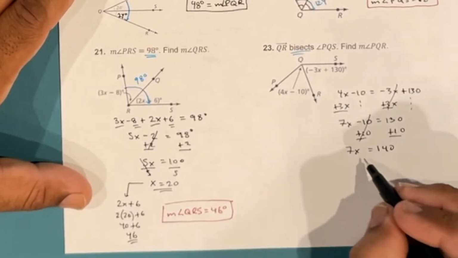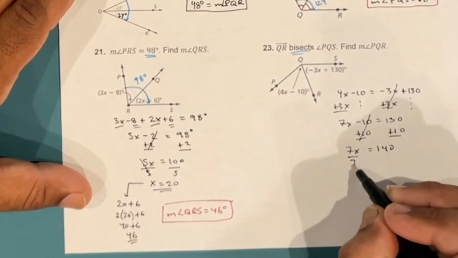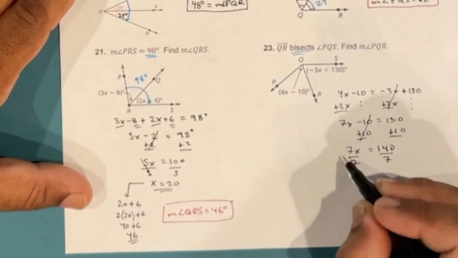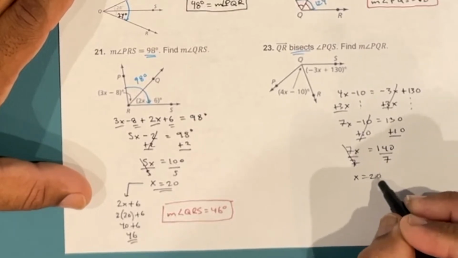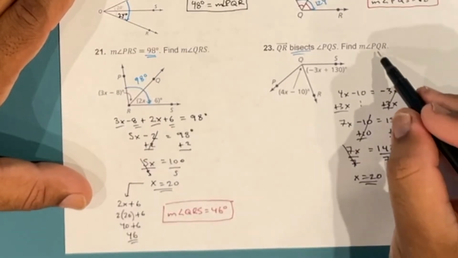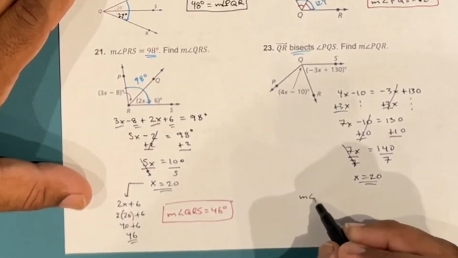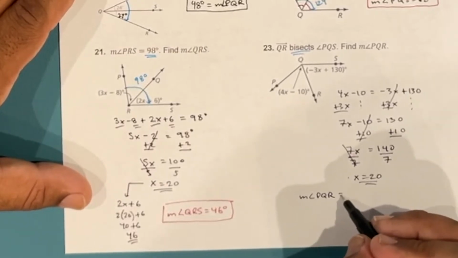X is still not by itself. It's 7 times x, so I'm going to do the opposite, which is divide. I'm going to divide by 7 on both sides. I get x equals 20. And as you know, we're almost there. I still need to find the measure of angle PQR. So I'm going to take that x and plug it in.